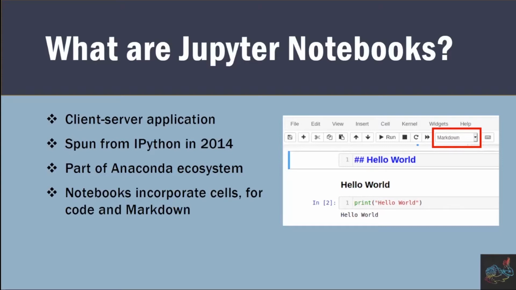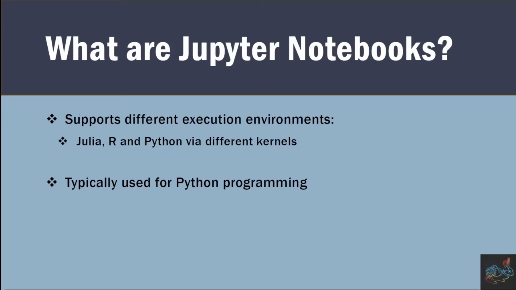So here's just a little screenshot of a Jupyter Notebook. And you have cells where you can run code or you can put Markdown. So this is just an example of Markdown for a title, producing just Hello World here. And then this is just an example of code, which ends up printing Hello World in an output cell. So we have input cells and output cells. That becomes quite important later.